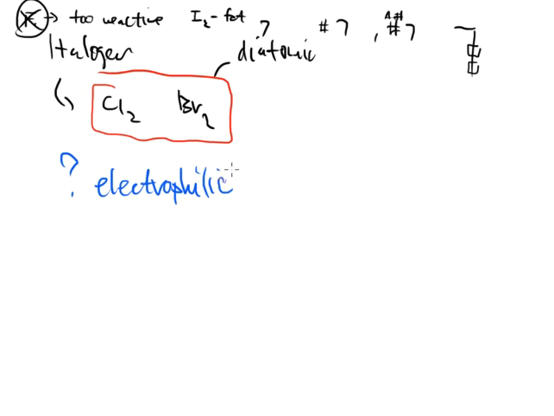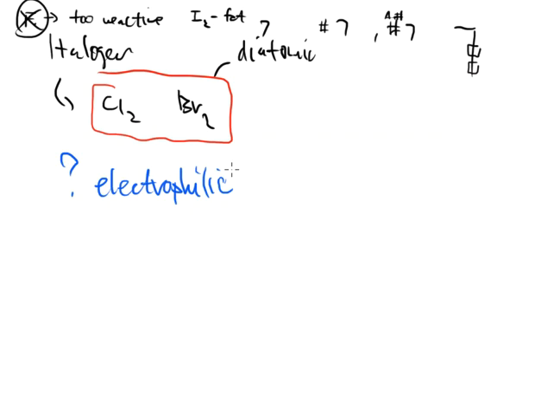The question is, you told me that we had to have an electrophile. And now you're telling me that Cl2 or Br2 can be used in a reaction? How is that even possible? I mean, before we had to add acid, and that created an electrophile that could then be reacted with the double bond.